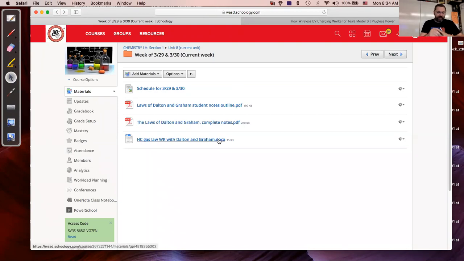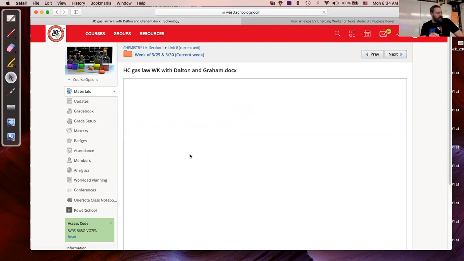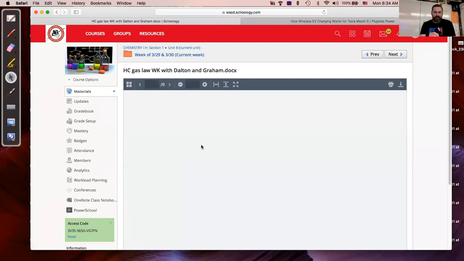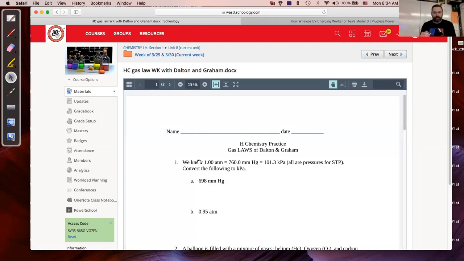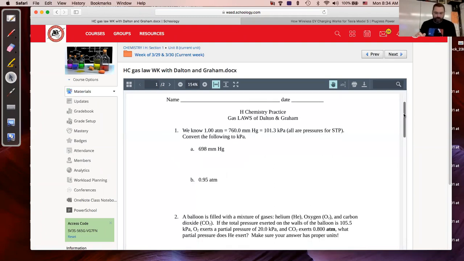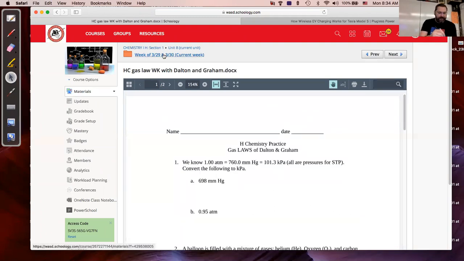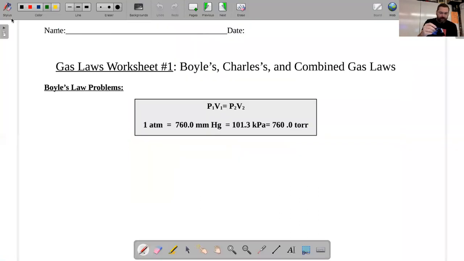This thing here that says Honors Chemistry Gas Law Worksheet with Dalton and Graham, these problems here, I'll do a couple with you at the end of the period as examples, and then those are practice for homework. We'll go over them tomorrow, and then whenever we come back from break, we're gonna do a whole bunch more work with gases.